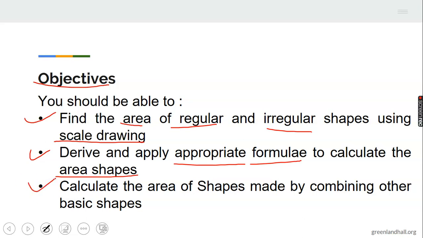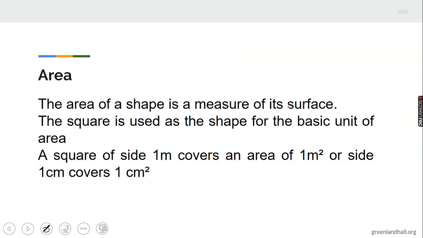Calculate the area of shape made by combining other shapes. There are shapes that have 2 or more basic shapes joined together, like you can have something like this. How do we calculate their area? So I think we'll be looking at this this morning.